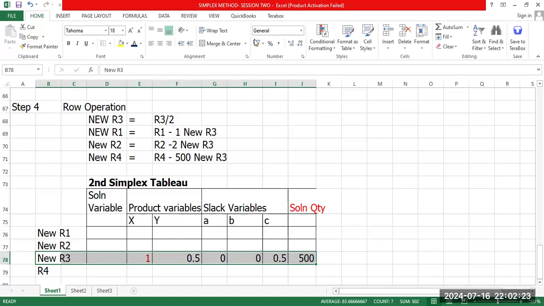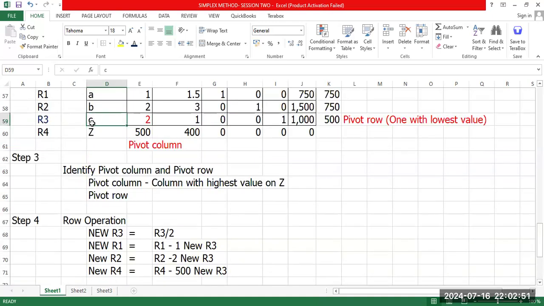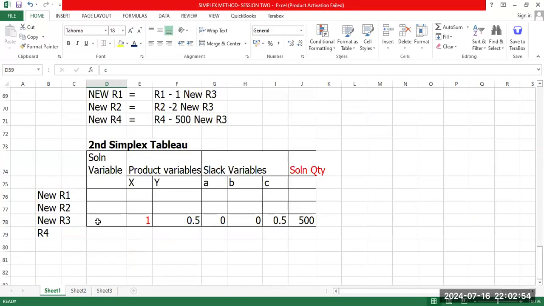Are we together? We go now to new row 1. Before we go to new row 1, you see that we have 1 here, we have 0.05. So this, originally we had a slack variable here, C. It is going to change to X. Why?